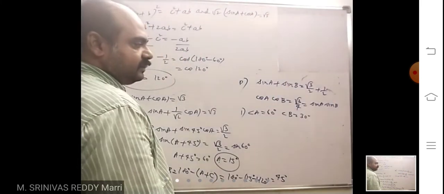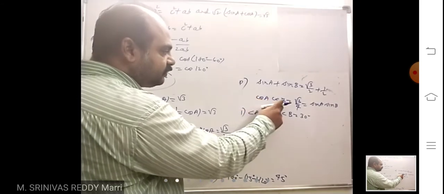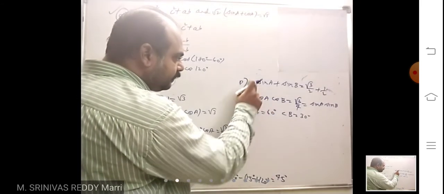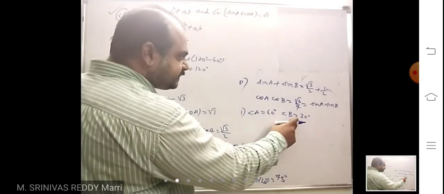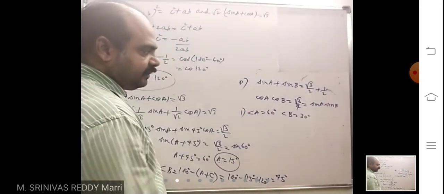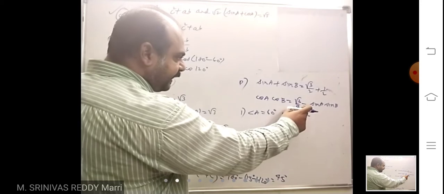So here if we substitute 60 degrees, for these two, both will satisfy. Look here, this is √3 by 2, this is 1 by 2, satisfied. Now 60 degrees means 1 by 2 into √3 by 2 satisfied.